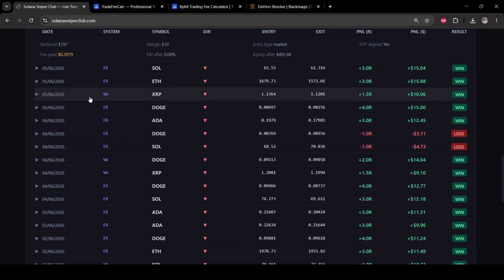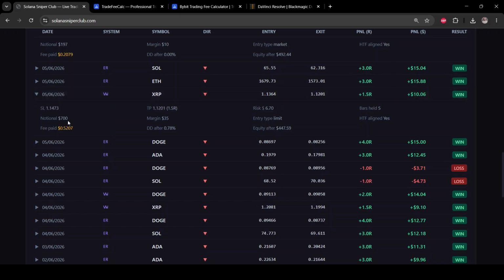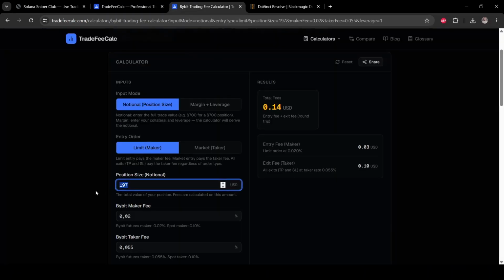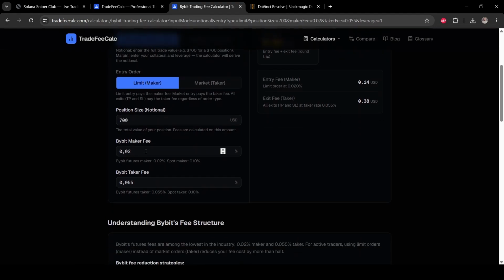Let's see this one for XRP. The position size was $700. It was a limit order, and we have here the 0.02%, which is the maker fee of Bybit, and 0.055%, which is the taker fee.